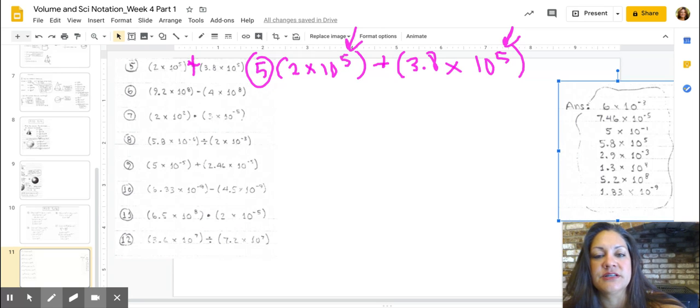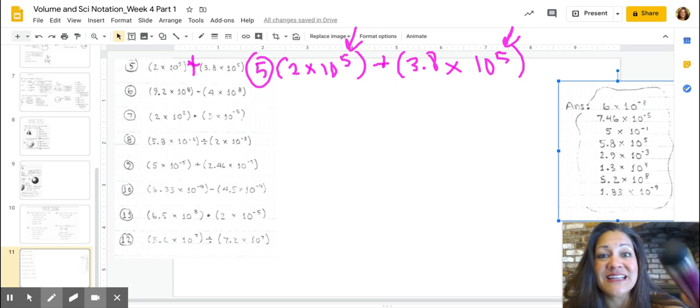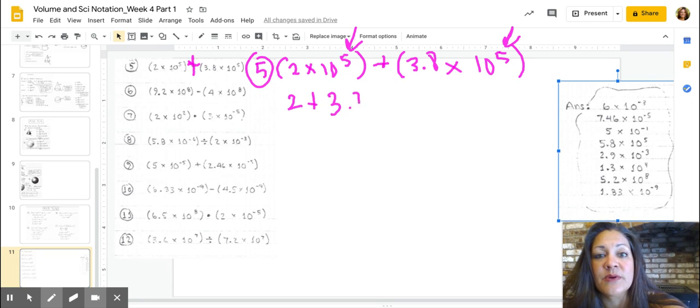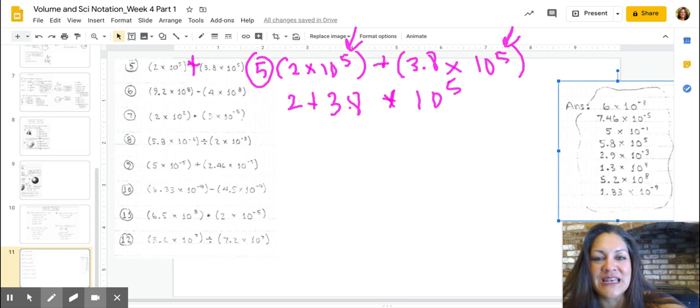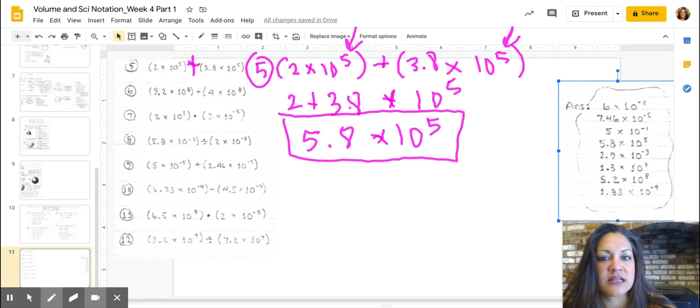So that is good news. So all I'm going to do is add 2 plus 3.8, and it's going to be times 10 to the 5th. 2 plus 3.8 is 5.8 times 10 to the 5th. There is our answer. Check over here, and there we go.